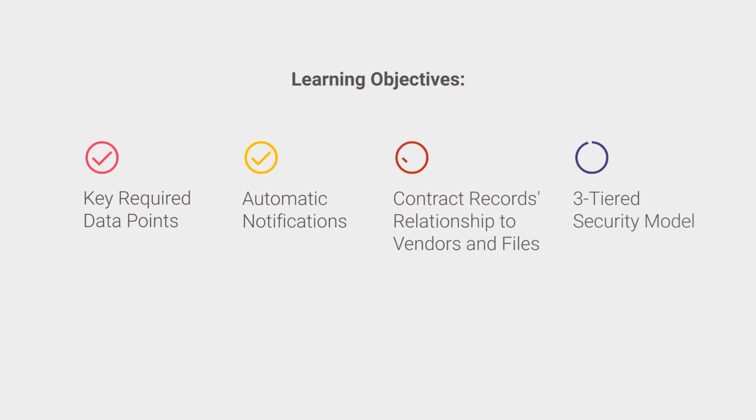The basics that I would like to cover today are going through key required data points for your CLM, the ease and use of our automatic notifications to be alerted of upcoming expiration dates or other key critical dates within the system, receiving notices on those through our tasks functionality, talking through the relationship between our contract record to vendors and files, and lastly, that 3-tiered security model to make sure that the appropriate people have access to view and or edit the agreements and that they're not widely available for the entire organization.